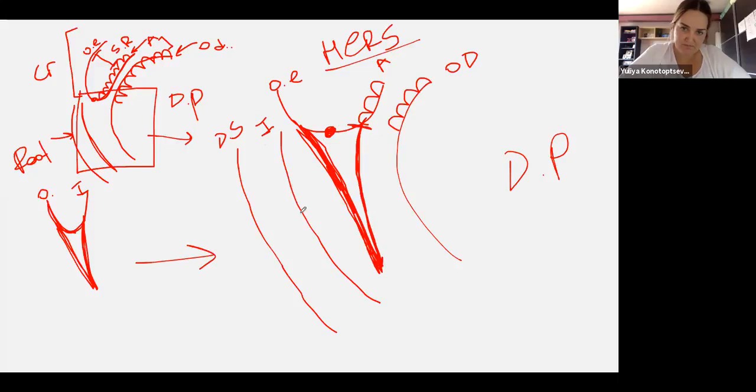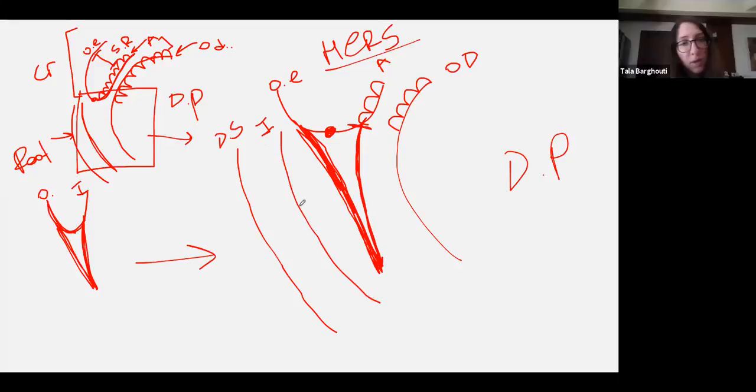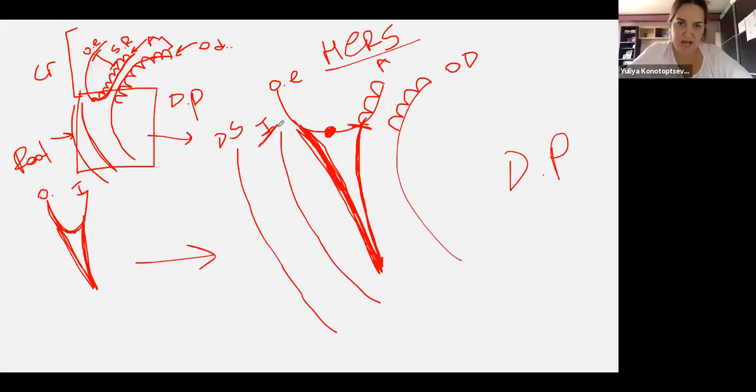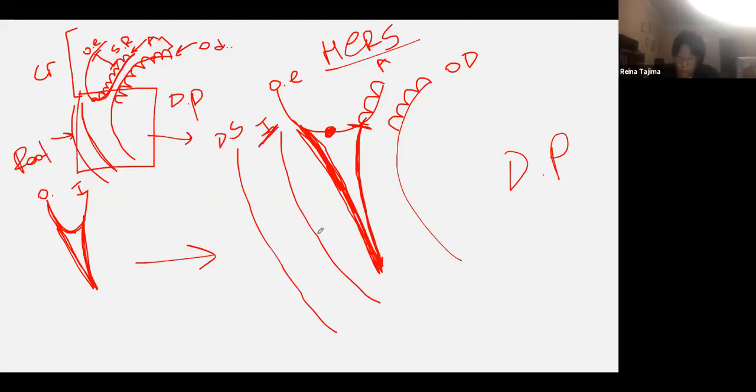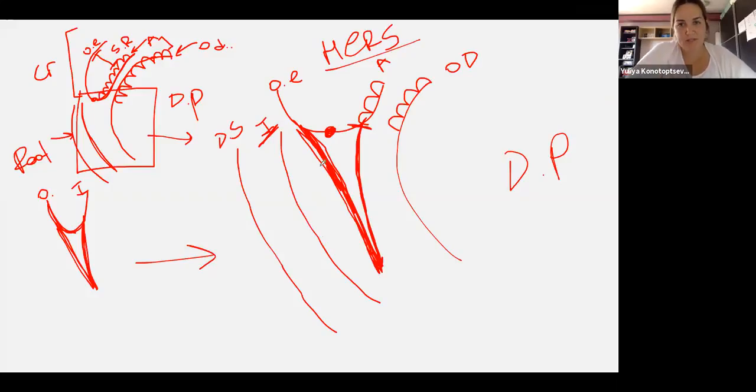What was this? The mesenchymal cells. Say it better. What does I stand for? Dental sac, inner layer of the dental sac. When the HERS appears this deep, the inner layer of the dental sac starts to differentiate to become cementoblasts.